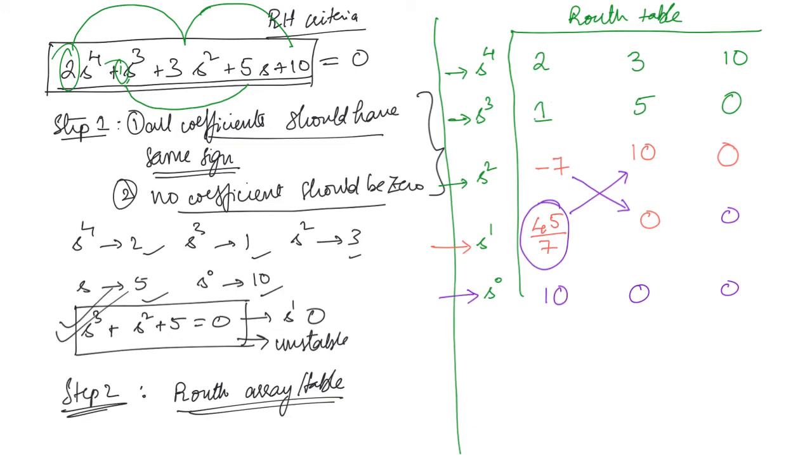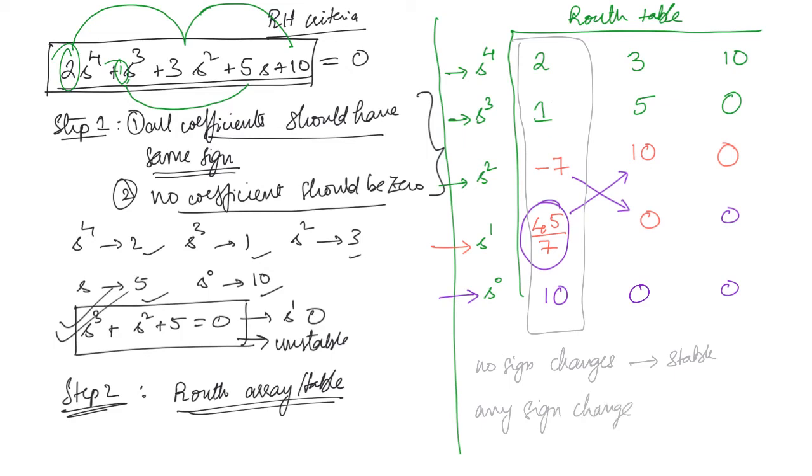So once the Routh array or the Routh table is constructed, then we are concerned with this first column. We are concerned only with the first column. So if there are no sign changes among each of the elements, then the system is stable. And if there is any sign change, then the system is unstable.